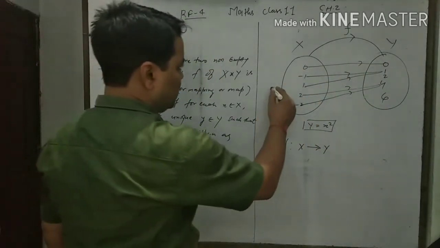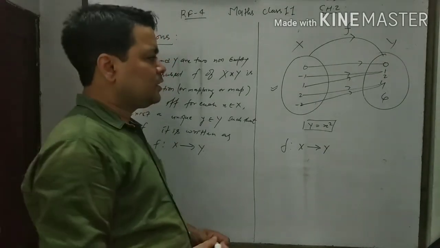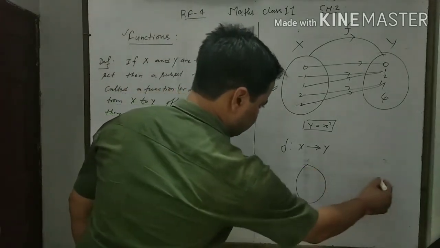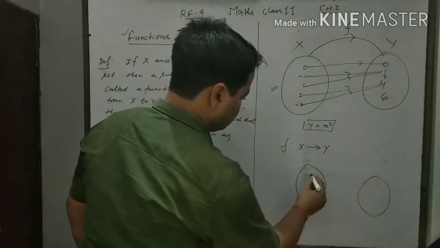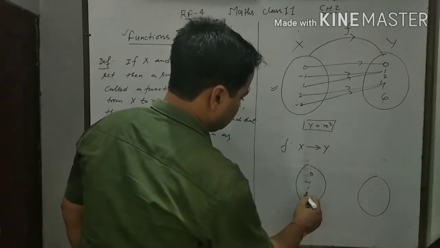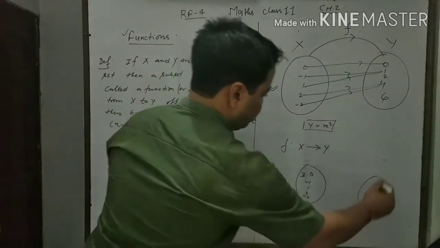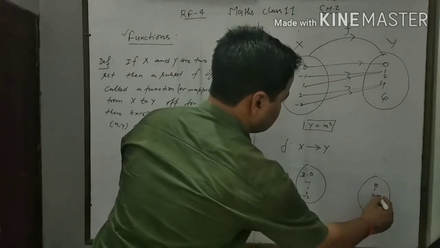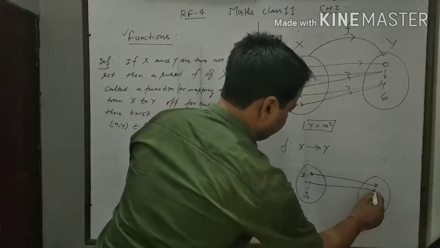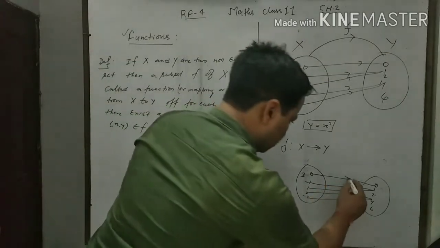This is an example of a function. But if we have it like this way: 0, -1, 1, 2, -2 and 3, look here, that is 3, and here the same 0, 2, 4, 6. Then what do you think?